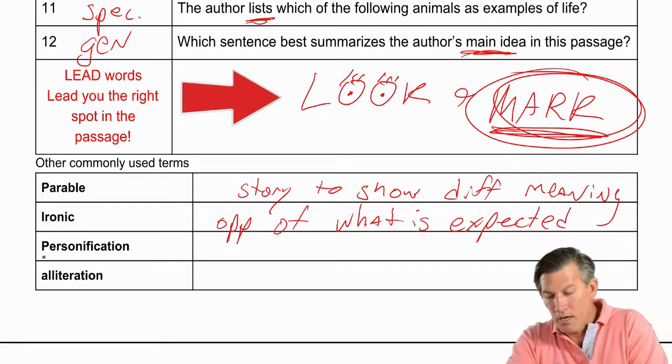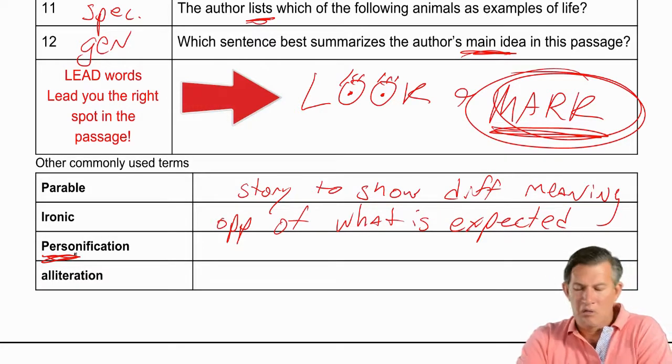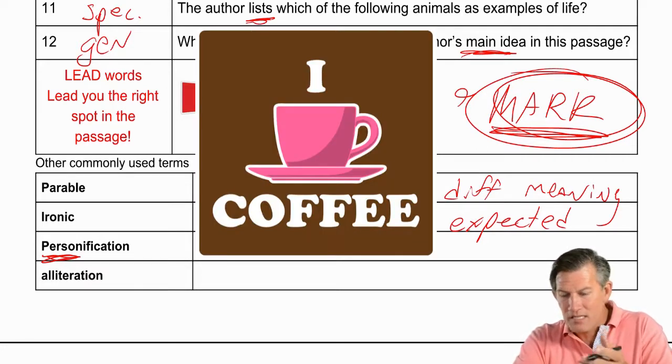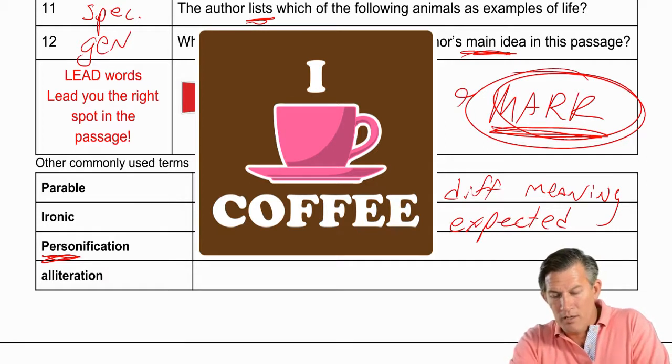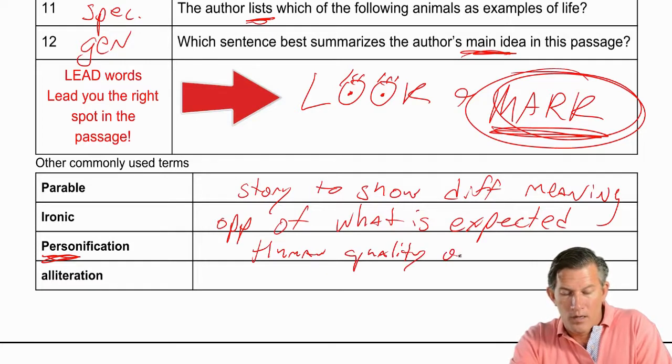You're putting a quality of a person on a non-living object. Like, my cup just sat there, like lazy cup. Okay, it's putting a human quality on a non-human.